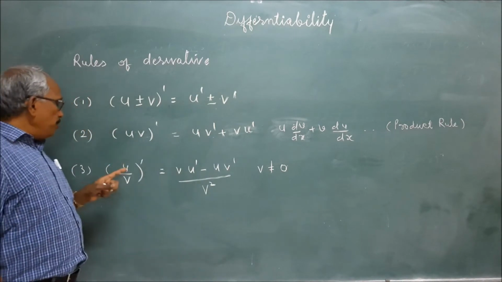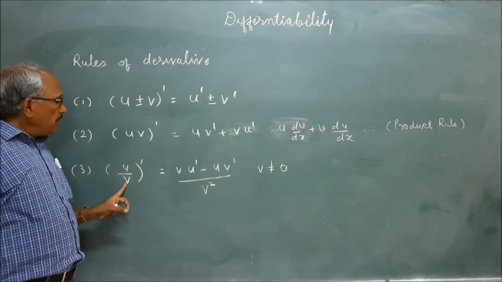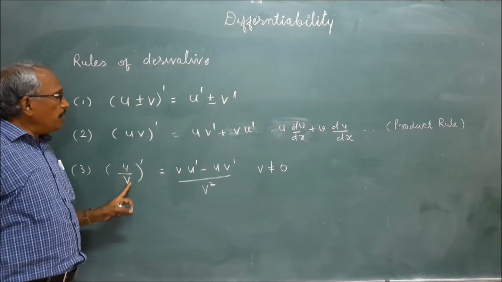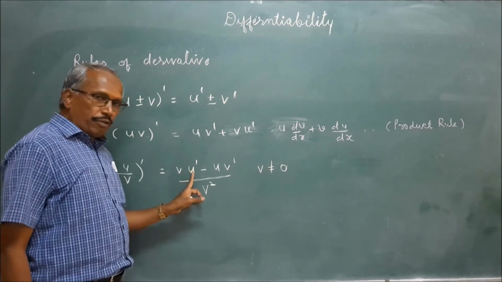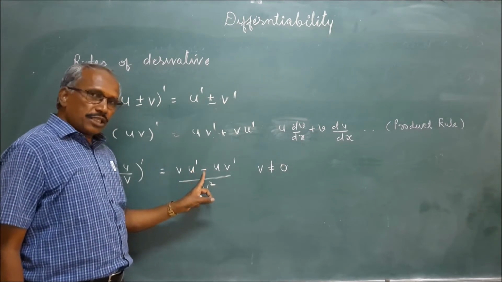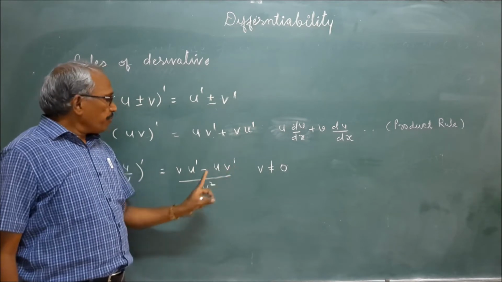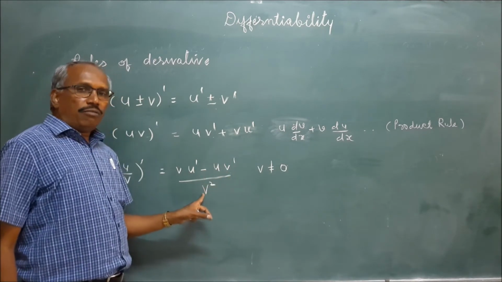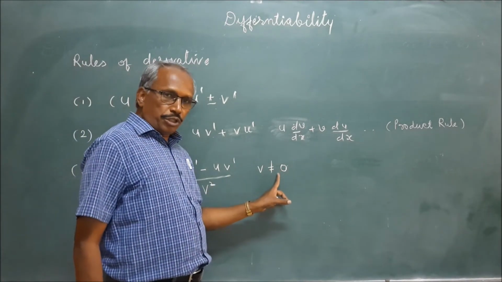If there is a quotient of two functions u and v, then the derivative of the quotient of u and v is equal to the second function into the derivative of the first function minus the first function into the derivative of the second function, divided by the square of the second function, where v is not equal to 0.